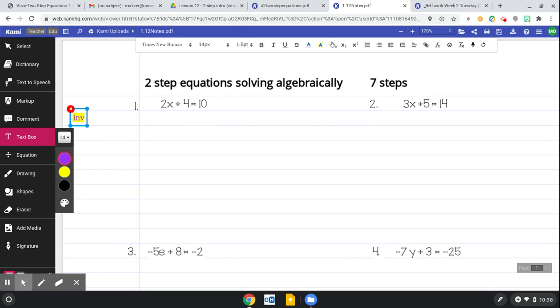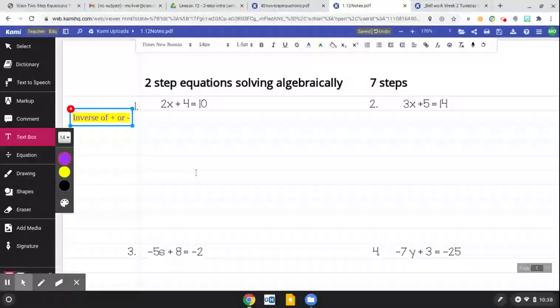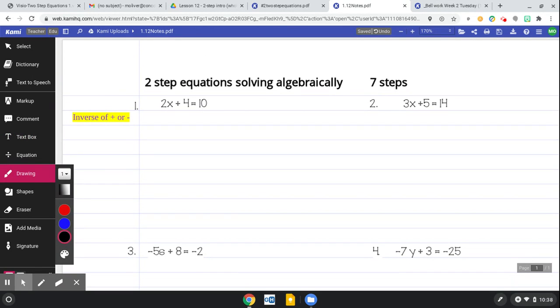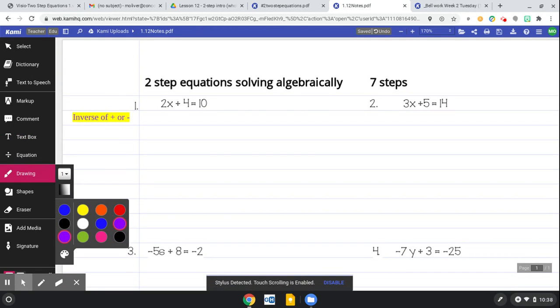We need to do the inverse of addition or subtraction first. If I look at my equation, I have an addition sign. So I know I want to get rid of addition with subtraction. So I'm going to subtract a -4.